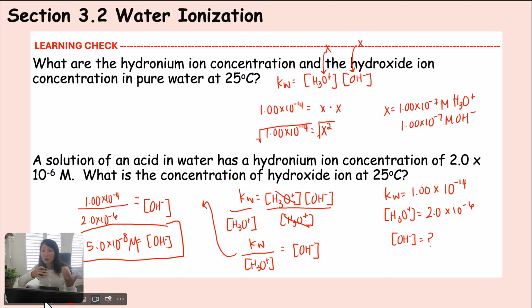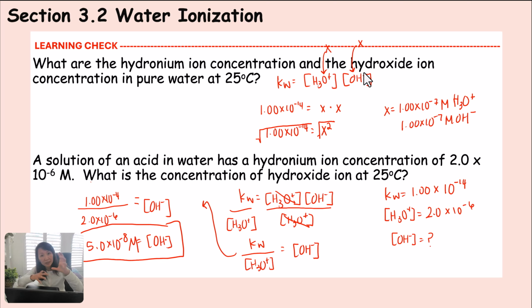Something to note before you move on to the next video is that in any substance, whether it's an acid in water or a base in water, it's going to start to play around with the hydronium and the hydroxide concentration.